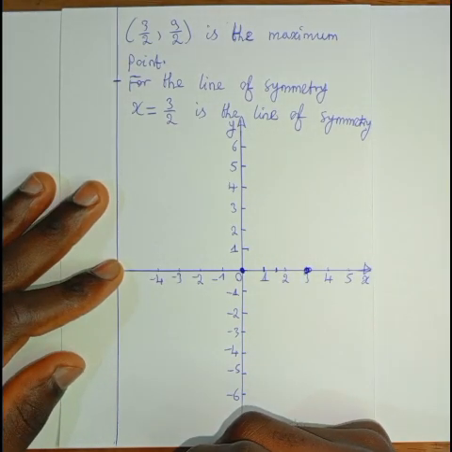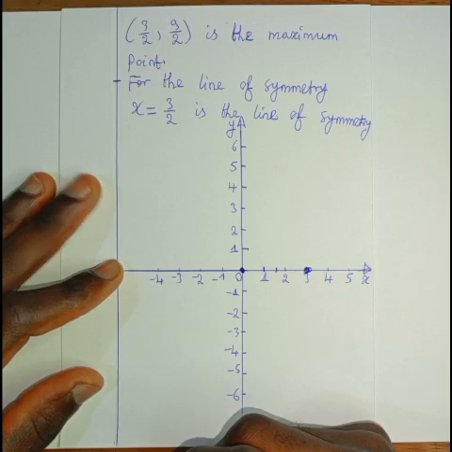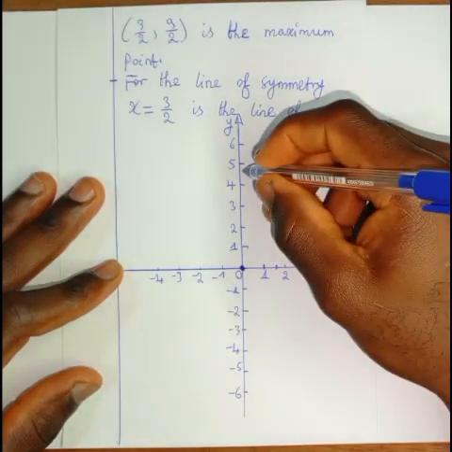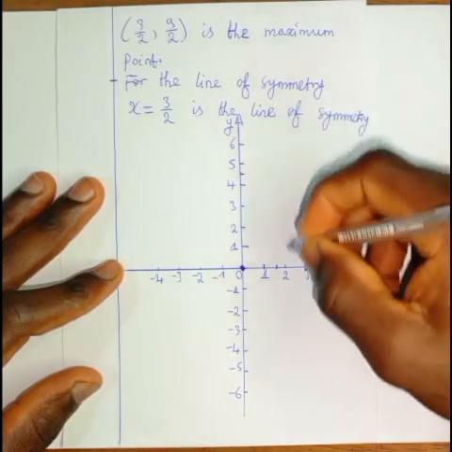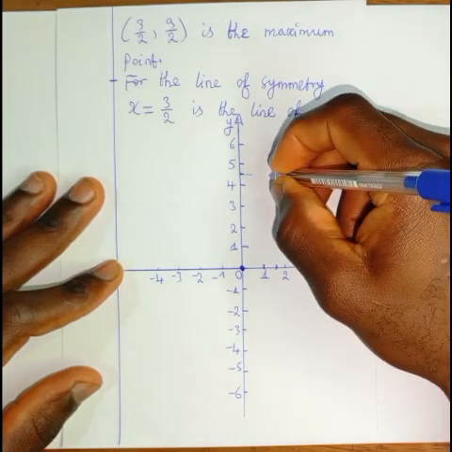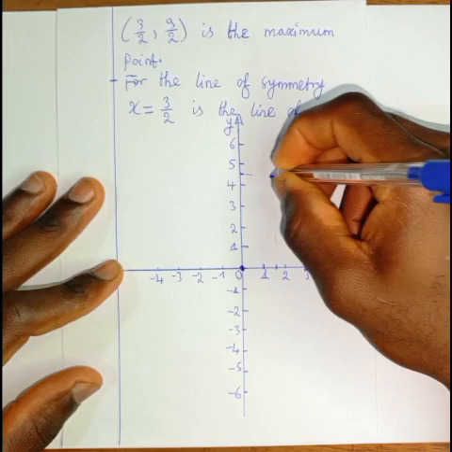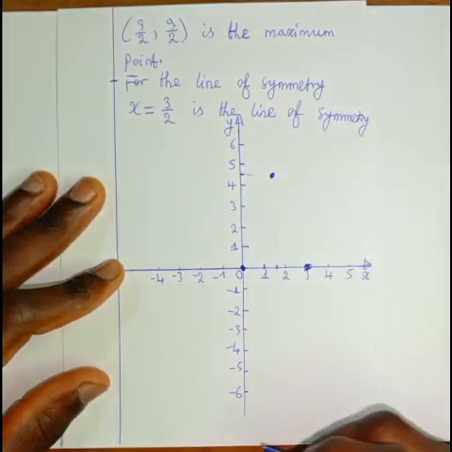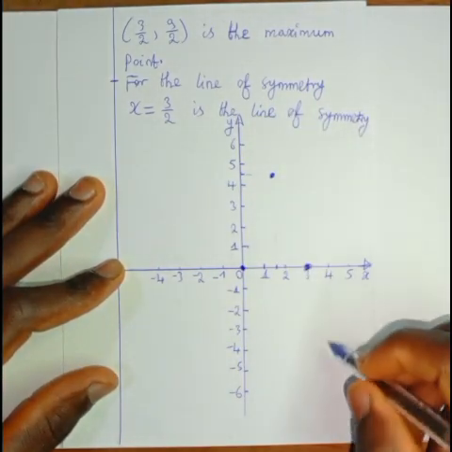Then we have 9 over 2, which is 4.5 here. The two lines meet here. We are going to put a dot. And where they meet, we are going to connect these 3 points.